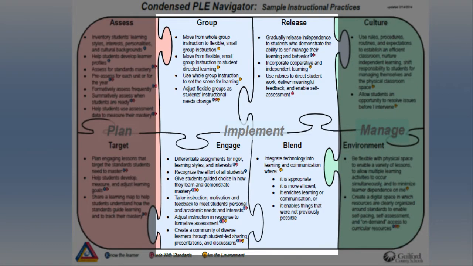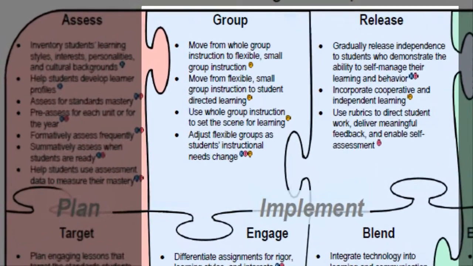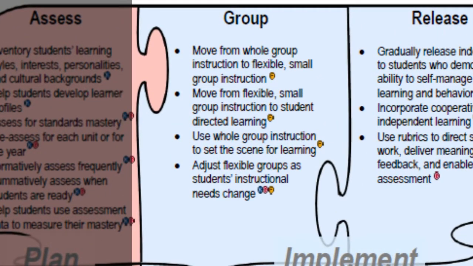Moving on to the implement process, we find that it is comprised of 4 instructional strands: group, engage, release, and blend. These instructional practices in the group strand focus on putting together students whose personal and academic needs are similar, and then structuring each group's learning activities to meet the specific needs represented in that group.